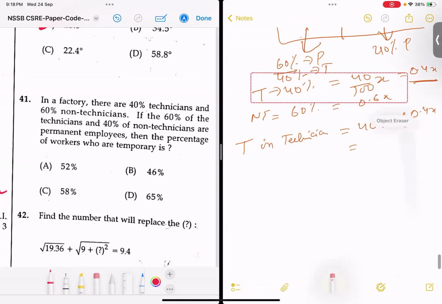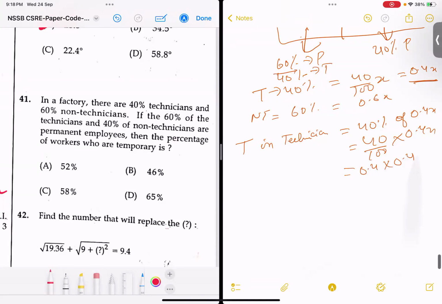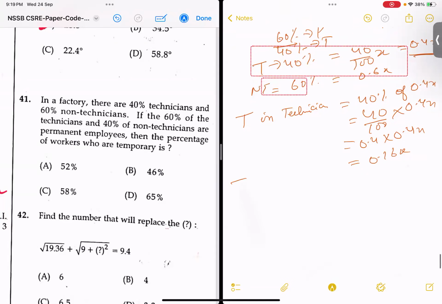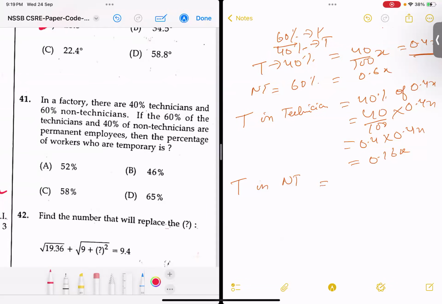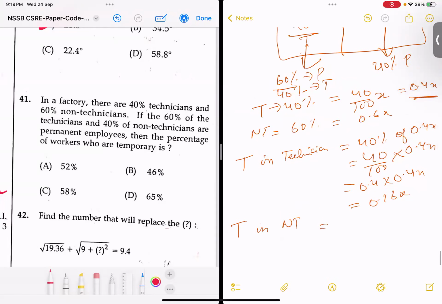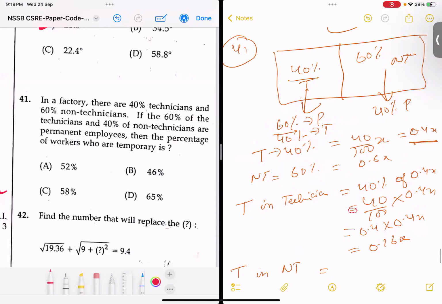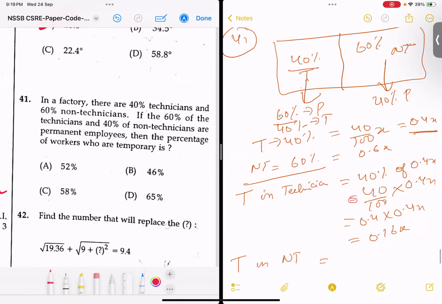Let me just solve it. That is 40 by 100 of 0.4x. So it will be 0.4 into 0.4x, which is equal to 0.16x. So these are the number of temporary in the technician field. Now temporary in the non-technician field: non-technician is 60%, right?